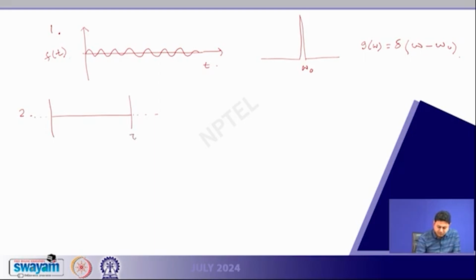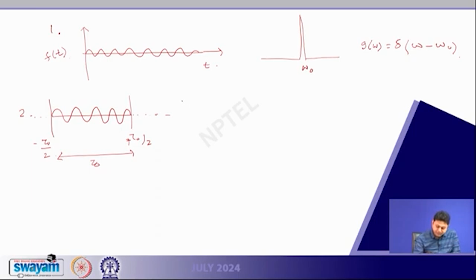If I draw that wave between minus tau naught by 2 and plus tau naught by 2, it is something like this. In this span it is finite. Apart from that, on the left hand side or right hand side, it is 0.